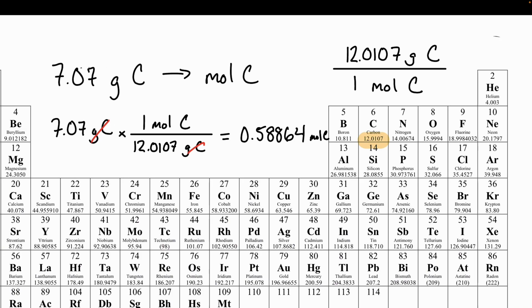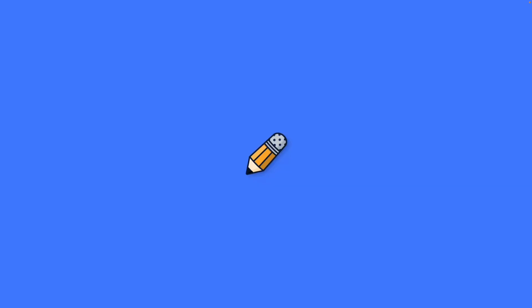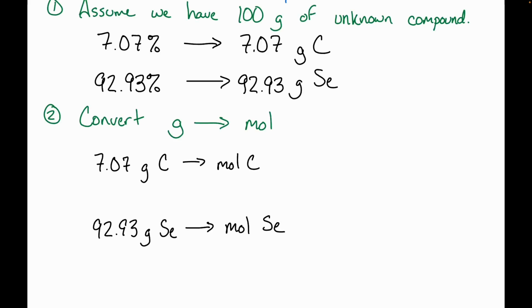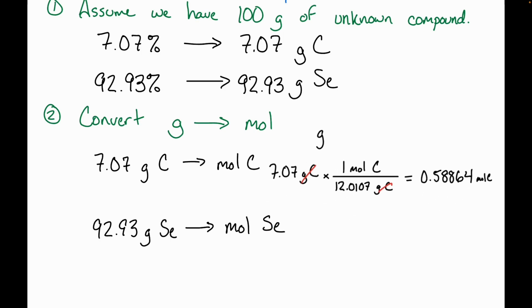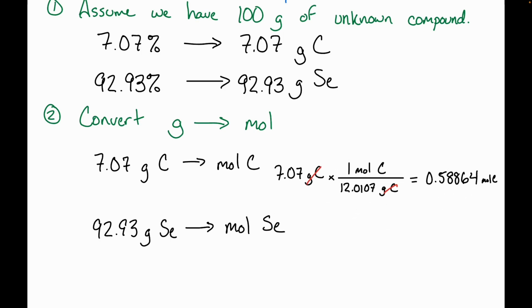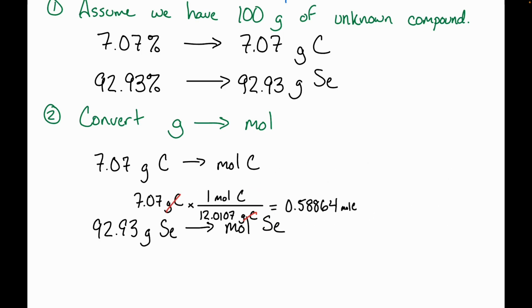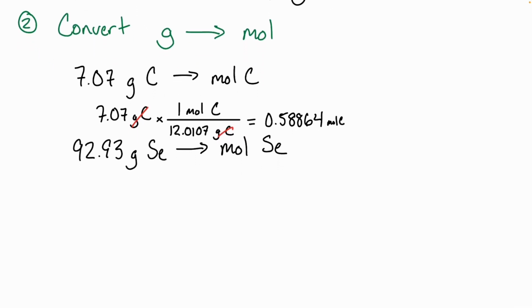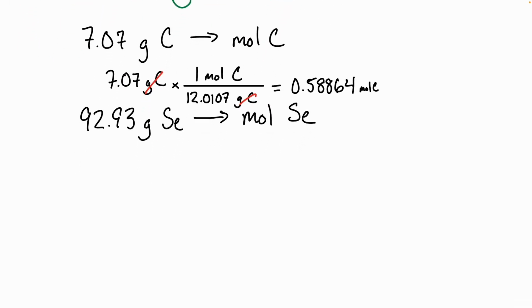If we're going to do the selenium conversion, we're going to do the exact same, but we're going to use the molar mass of selenium, the 78.96 grams per mole. Okay, so let me just move back to the other page so I got a little bit more room to work with here. All right, I'm going to take my mass of selenium, the 92.93 grams of selenium.